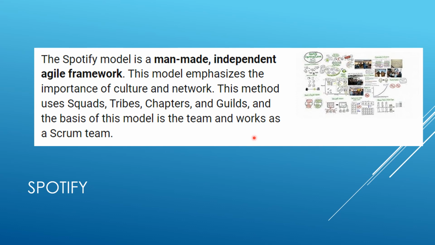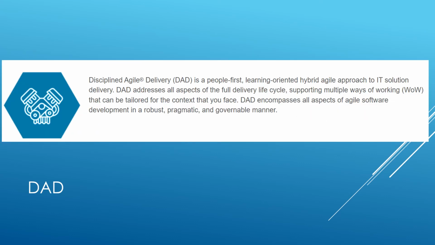It's built on Scrum. I will do another video on Spotify to explain all these ideas. In this particular video, I'm talking about the overall types of agile available, and I'm going to talk about them only briefly.